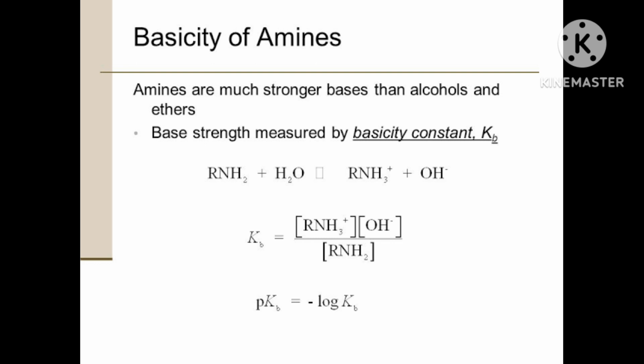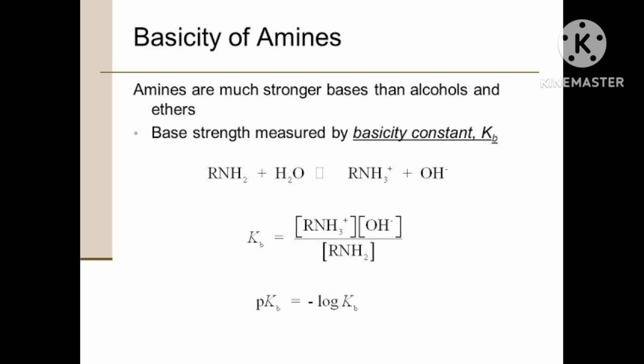Here it will work in a negative way. It will attract the electron. The aromatic group will attract the electron. Then nitrogen will not be in a position to supply the electron, hence basicity will be less.